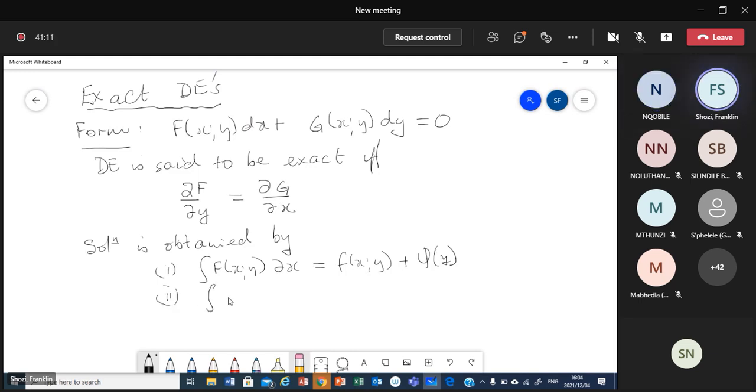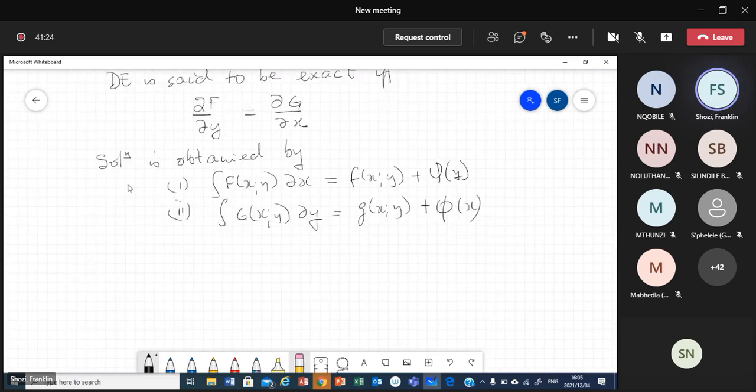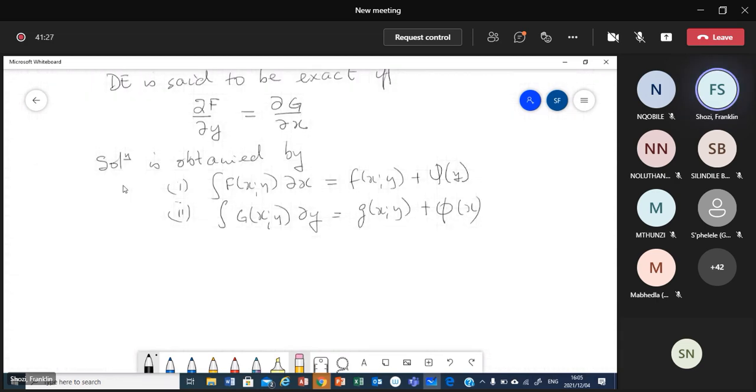Two: integral of g(x,y) partial with respect to y will give you G(x,y) plus phi of what? Of x. Then combine the two. If you combine 1 and 2, you will get F(x,y) equals G(x,y) plus psi plus phi, all those being what? Constant.